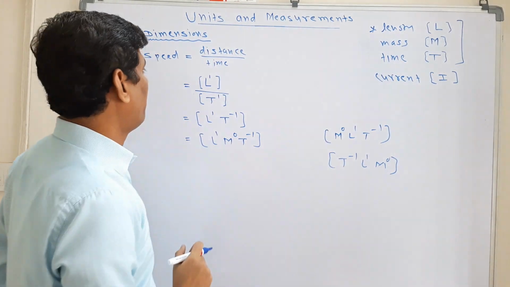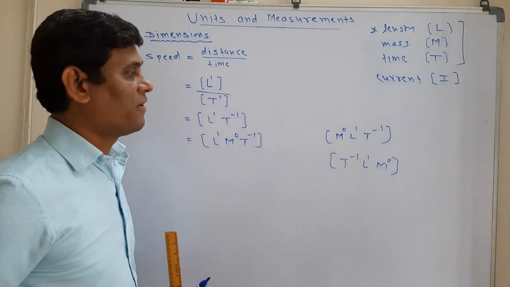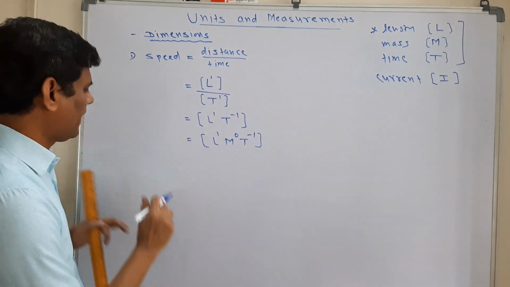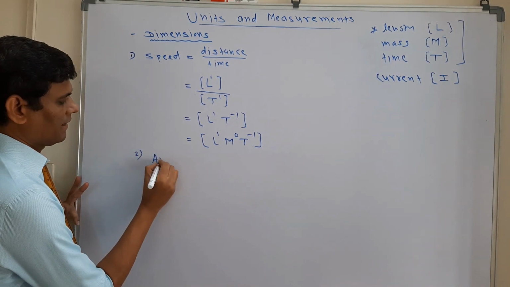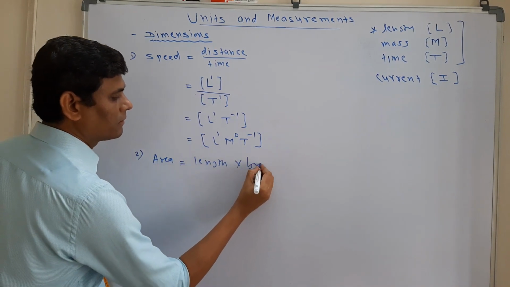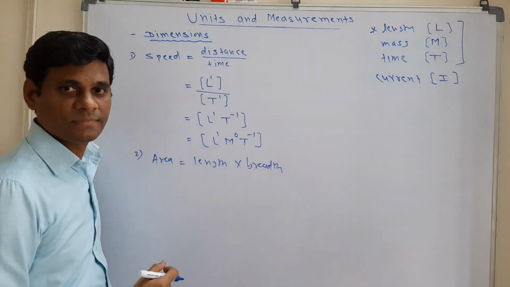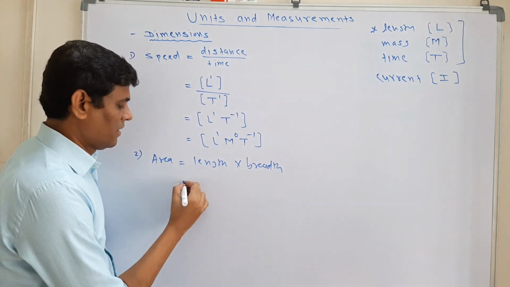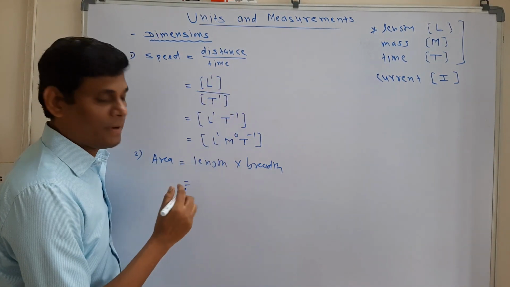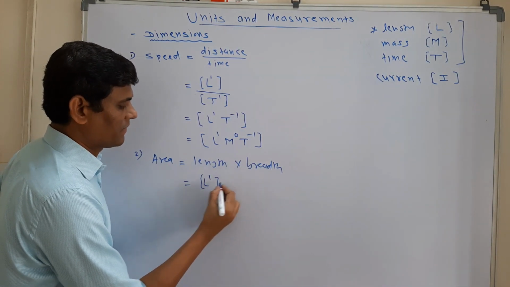Okay. Now we'll go with another physical quantity, the area of a rectangle. Second, area. Area is length into breadth. Now length, which physical quantity? L1, so L1 in square bracket.